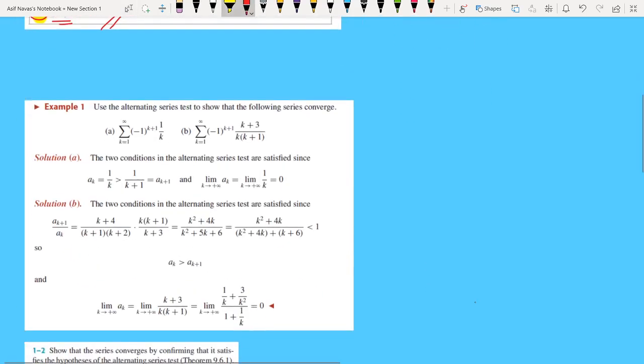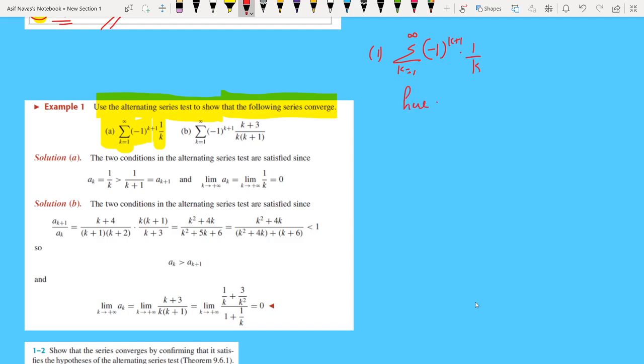First example: use the alternating series test to show that the following series is convergent. The series given is sigma k equal to 1 to infinity of (-1)^(k+1) times 1/k.